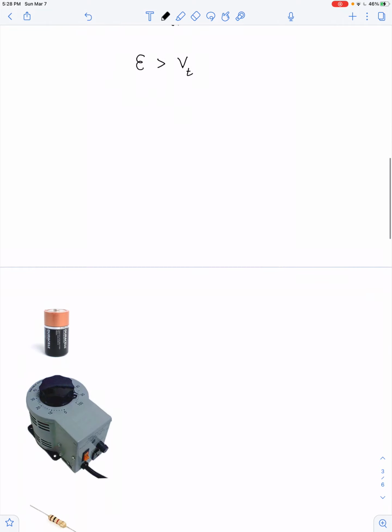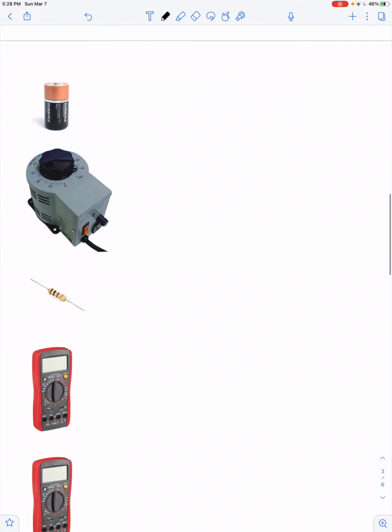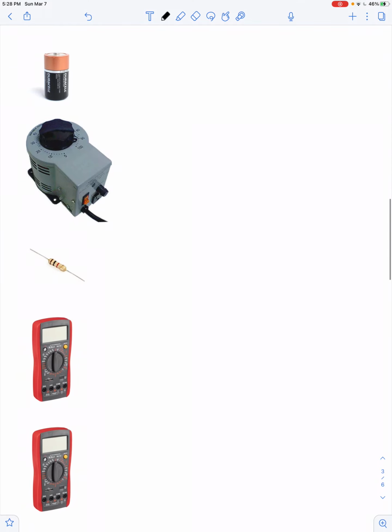I think we'd set up the experiment like this. Here are all the components we want. A voltmeter, an ammeter, a fixed resistor, a variable resistor, and a battery.